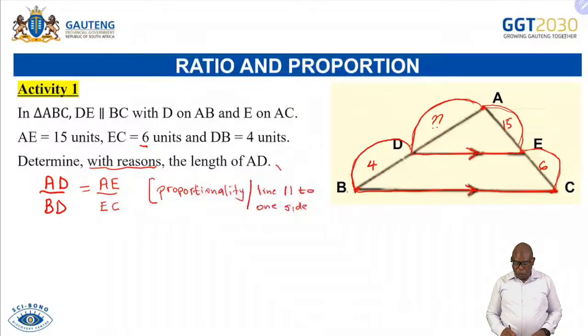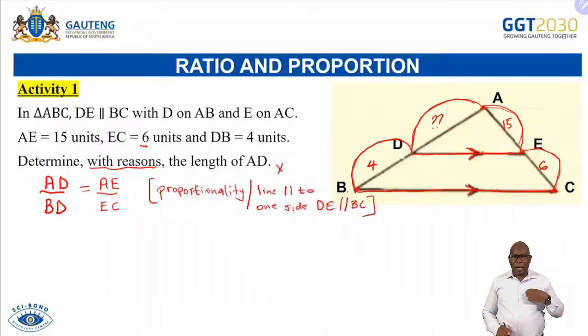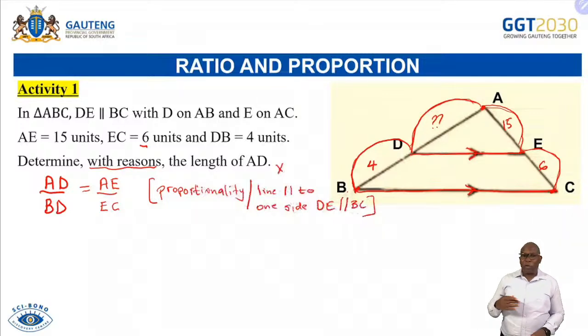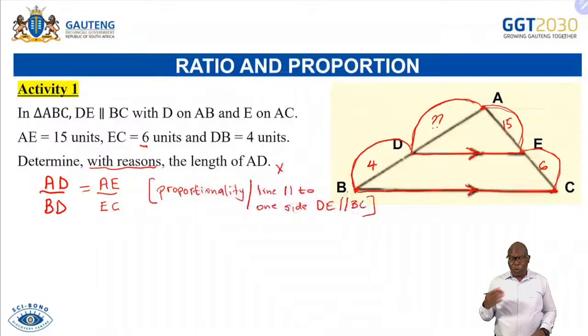But if I choose to write this one, then I must write down the lines that are parallel: DE is parallel to BC. Because you might find that in one sketch you'll have so many parallel lines, so you must state the lines that we're talking about. You might find that we've got two sets of parallel lines, then you need to elaborate to say this is the lines that I'm talking about. That is very important.